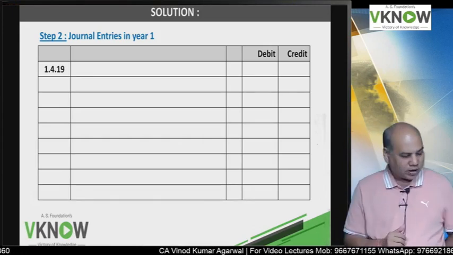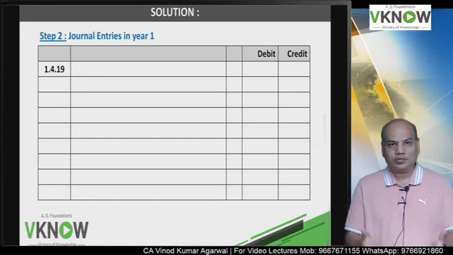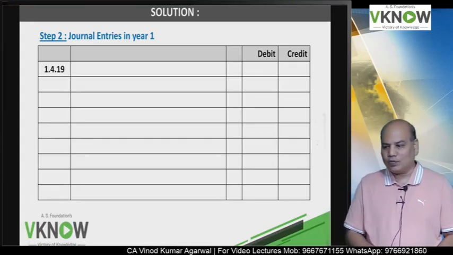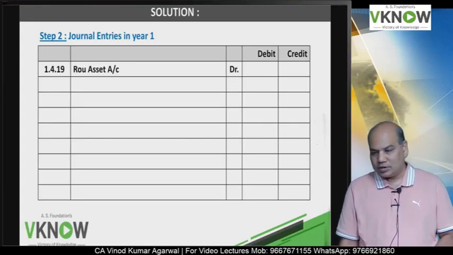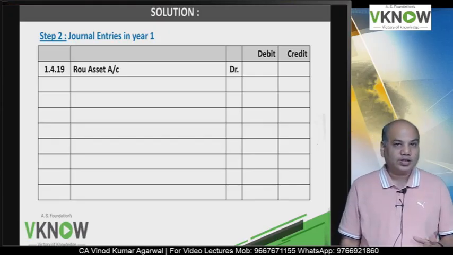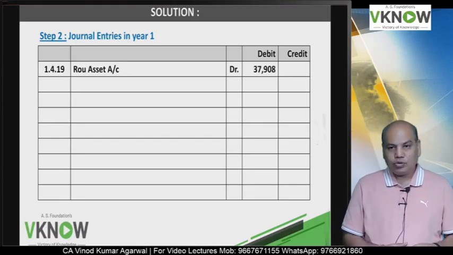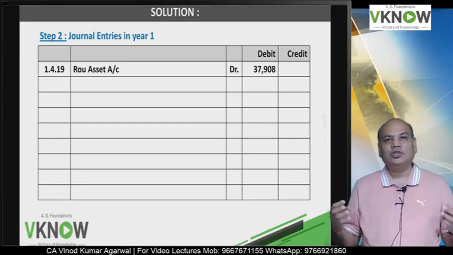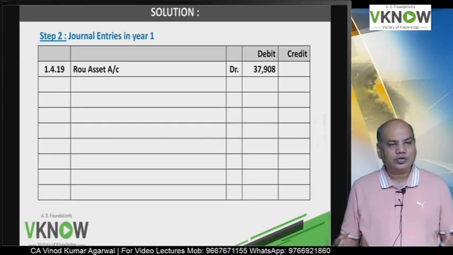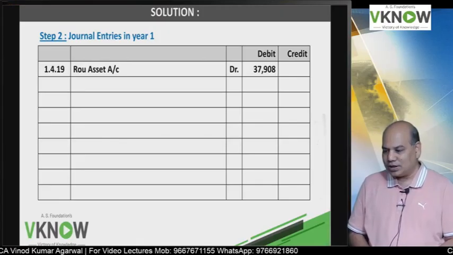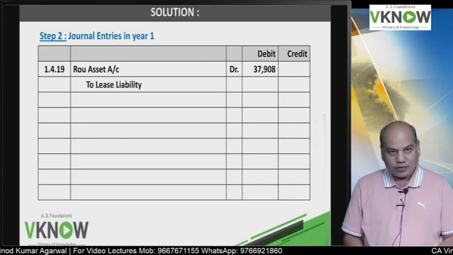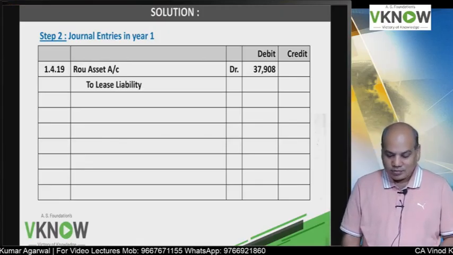Please tell me the journal entry on 1/4/19. ROU asset account debit, same amount because there is no other adjustment. There is no advance rent, there is no initial direct cost, there is no decommissioning obligation, there is no lease incentive. Therefore, it will be the same.